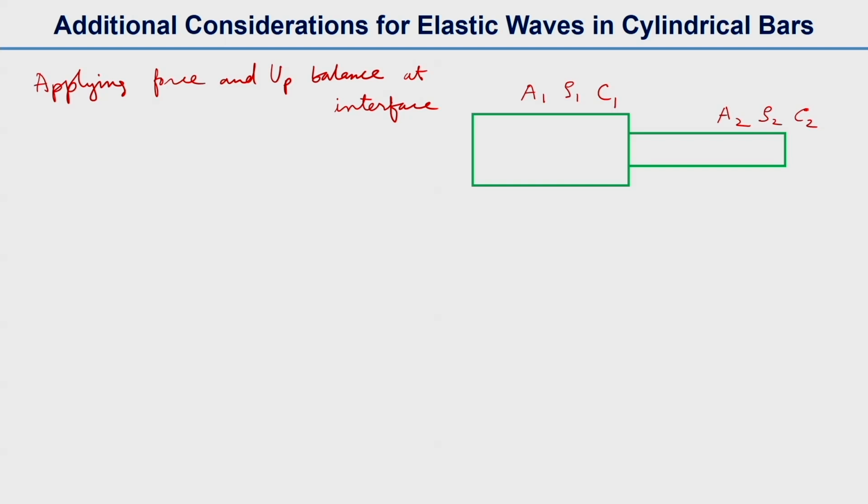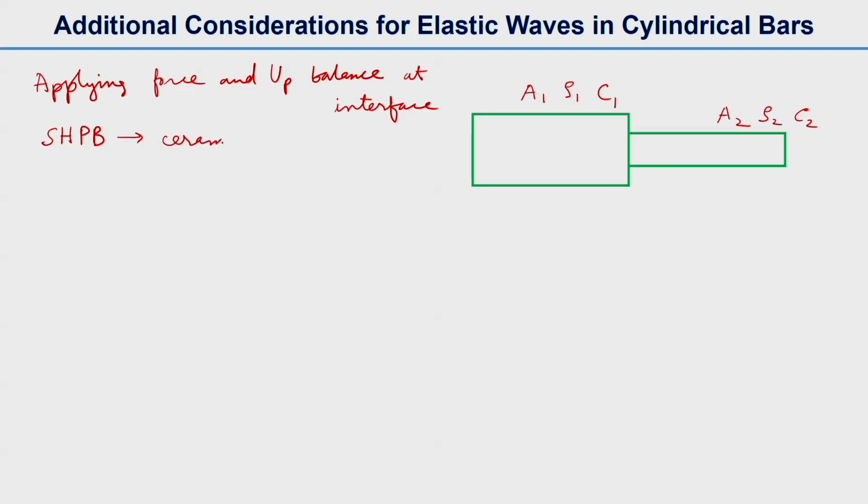This analysis is important in the split Hopkinson pressure bar, which we commonly abbreviate as SHPB. Generally we take the specimen with a smaller cross section or smaller diameter than the bar diameter. The material we test can be any ceramic or metal, and this is the SHPB specimen.